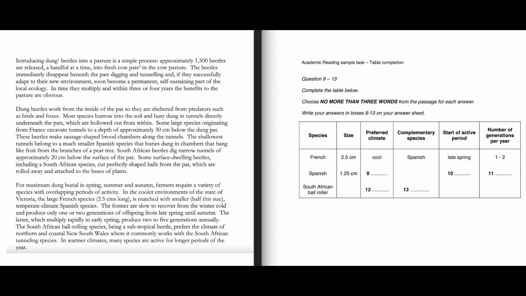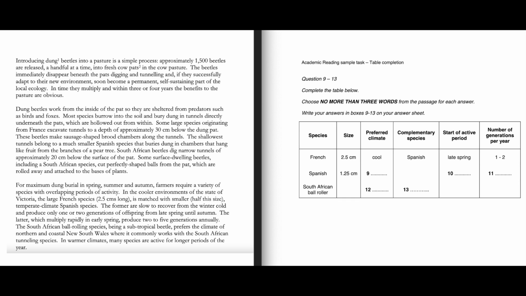If you look at the second line of the last paragraph, it says, in the cooler environments of the state of Victoria, the large French species, 2.5 centimeters long, is matched with smaller, half this size, temperate climate Spanish species. So this tells us that the French species are 2.5 centimeters long, which has already been mentioned in the table.